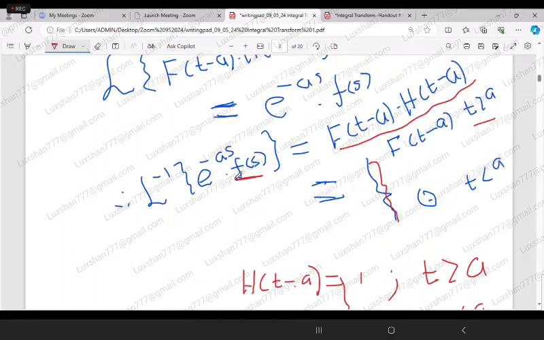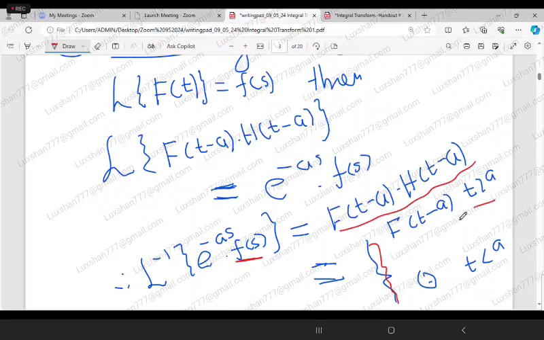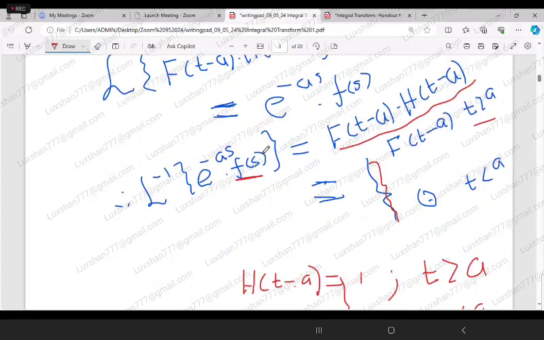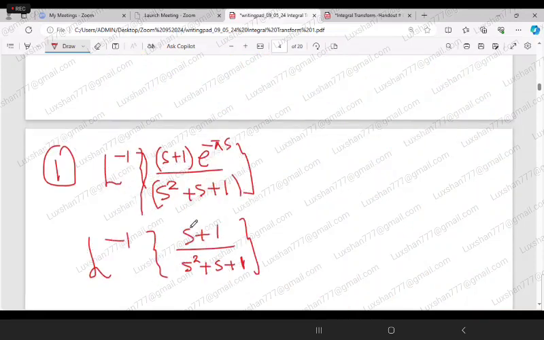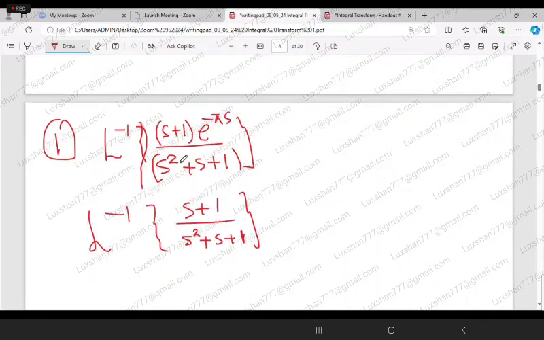So if I know the inverse Laplace transform of F(s), then when it is multiplied with e to the power minus as, I can use the Heaviside step function and easily write it. Therefore, finding the inverse Laplace transform of F(s) is the problem here.